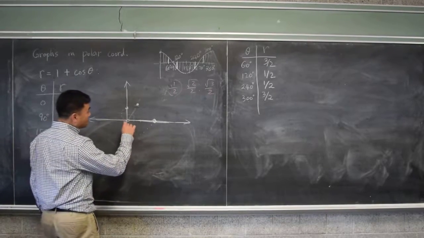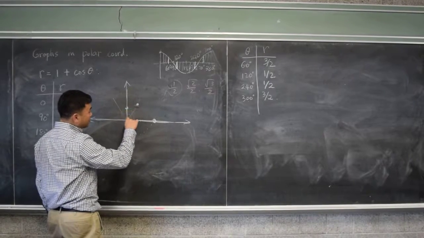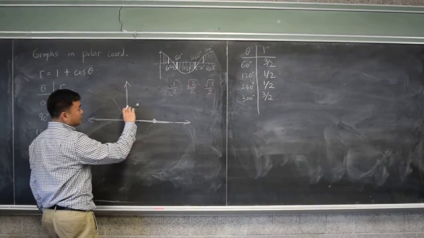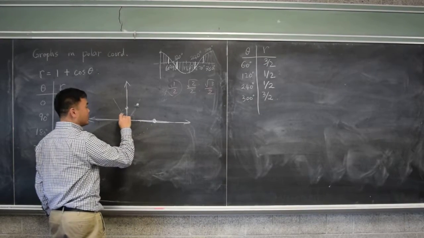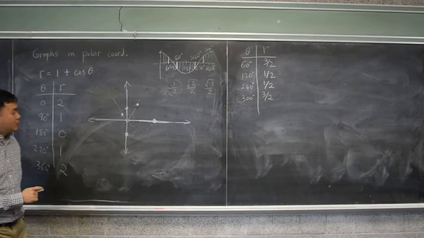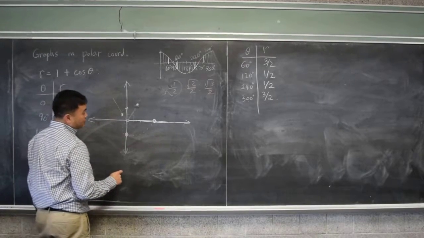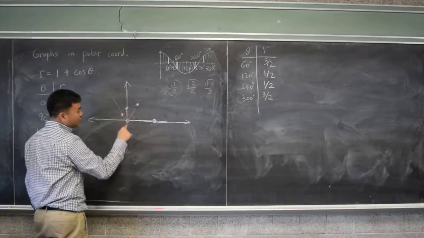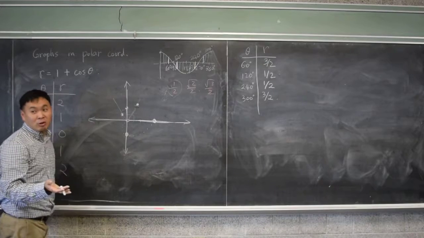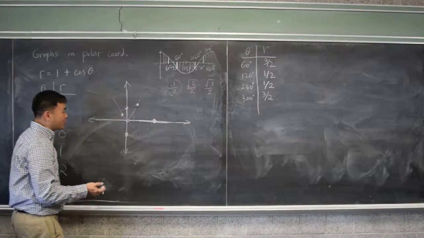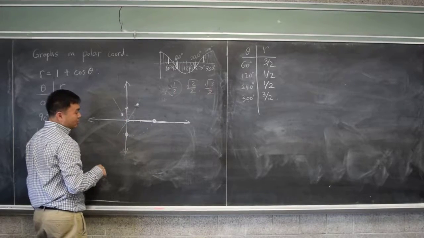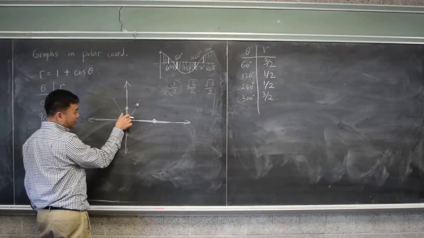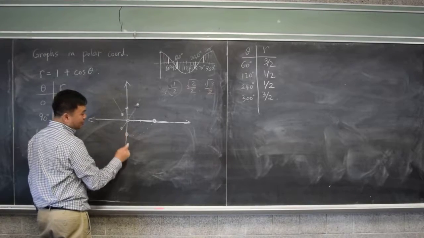And then over here at 120 degrees, this is 1, and we're going to go half of it, so it's more like here. And then, because the previous points have this symmetry, you would also expect the other points to have symmetry, and that's exactly what happened. So at 240 degrees, it's here. At 1/2, it's exactly the same length as this.